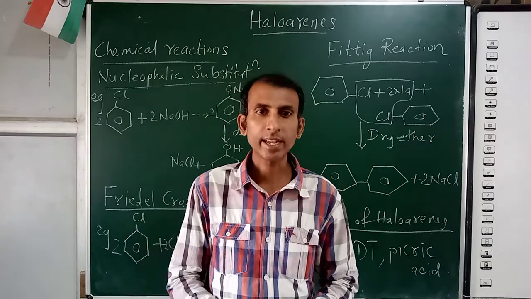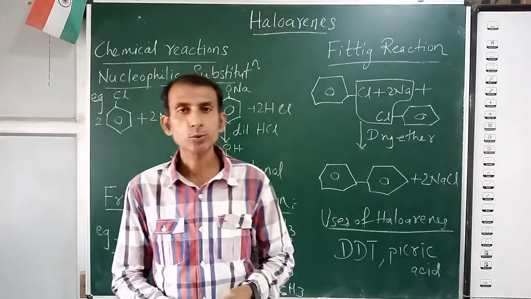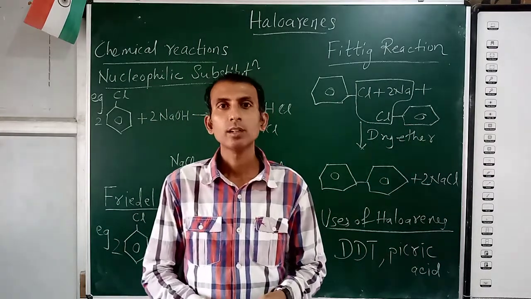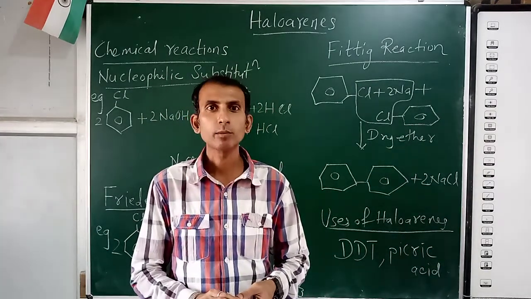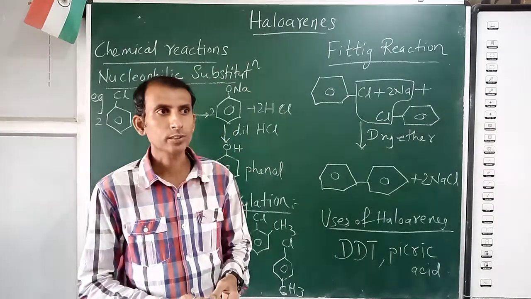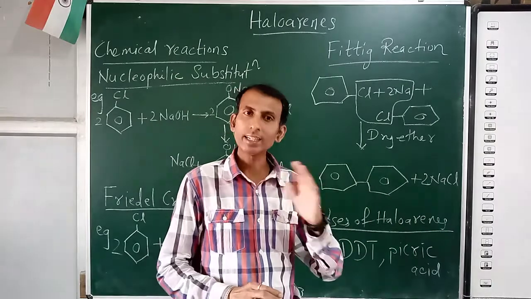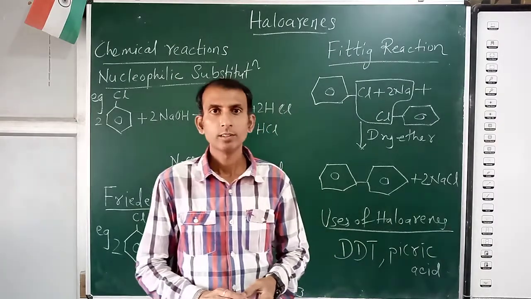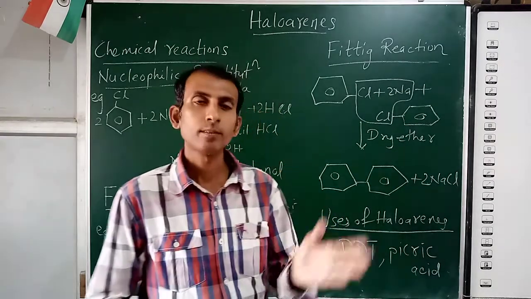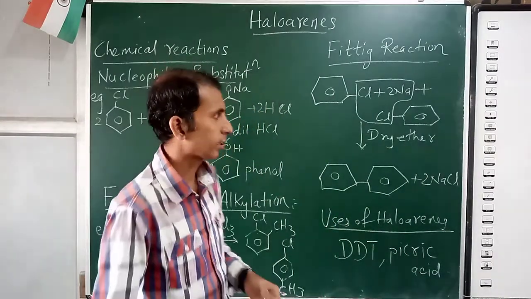And now you know one thing, that whenever in a reaction only sodium metal is used, then the reaction is carried out in ether medium, because sodium reacts violently with water. So it is not carried out in aqueous medium. The reaction is carried out in organic medium or ether medium.